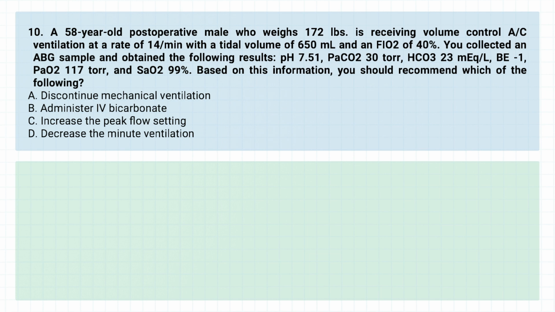You collected an ABG sample and obtained the following results: pH of 7.51, PaCO₂ of 30, bicarb of 23, base excess of -1, PaO₂ of 117, and an SaO₂ of 99%.